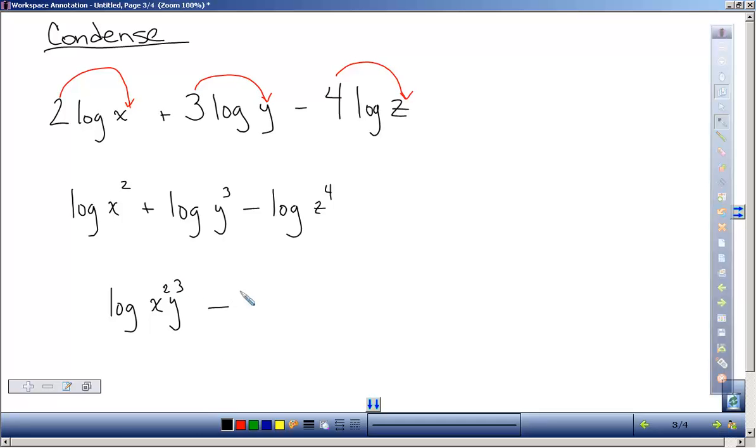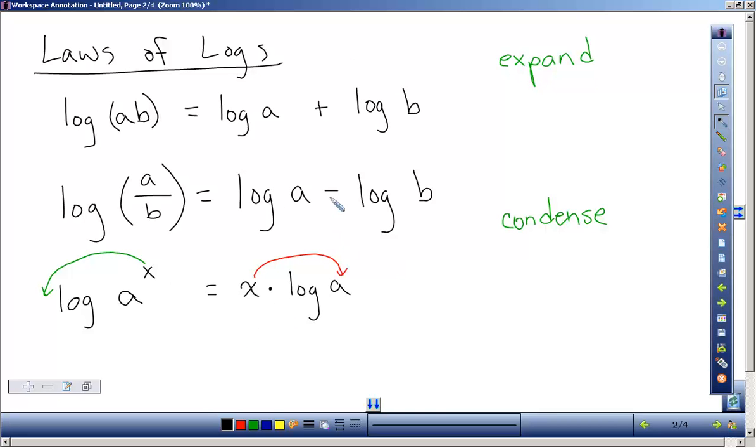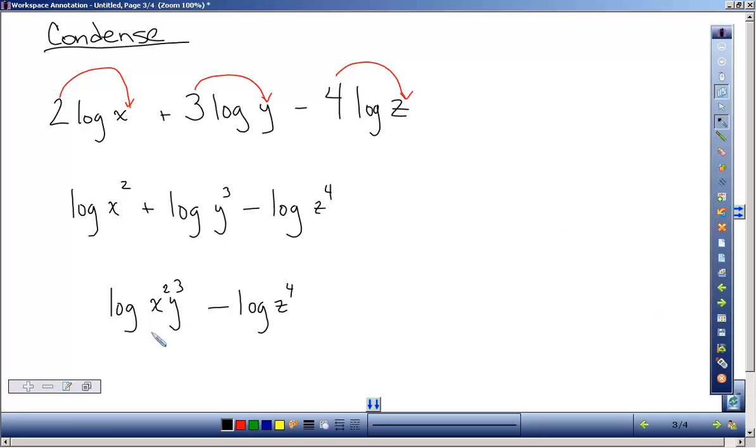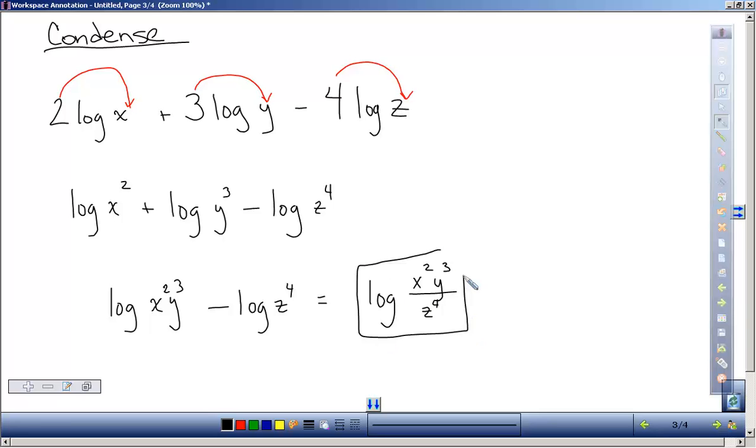That would be x squared times y cubed. Now I still have my minus log z to the 4th out here, and so I have to remember that when we subtracted, that meant that we divided whatever was inside of them. So when I do the subtraction here, I'm going to end up with one log, and x squared y cubed is on the top, and it's being divided by z to the 4th.